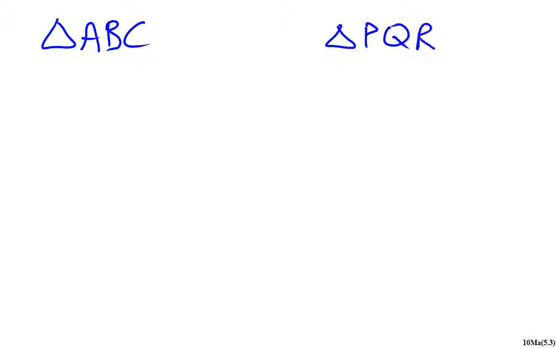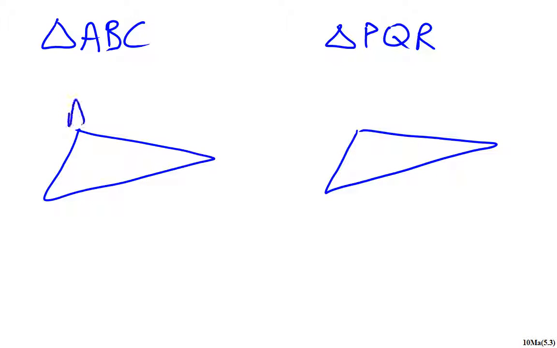Now, just so that we've got the terminology understood, if I have triangle ABC and triangle PQR, the order of the letters is important. So when I have my two triangles that are the same, A, B, C, if I have angle A, angle B, and angle C, because the letter A is first and the letter A has a cross, the letter P must also match up with that cross angle.